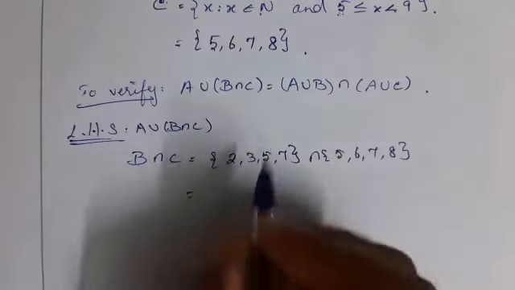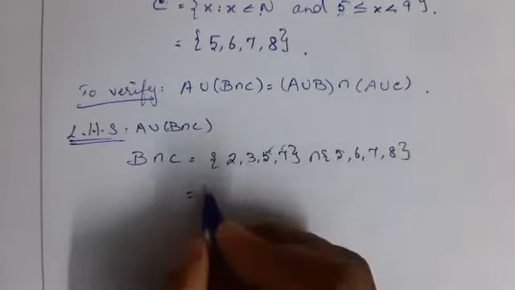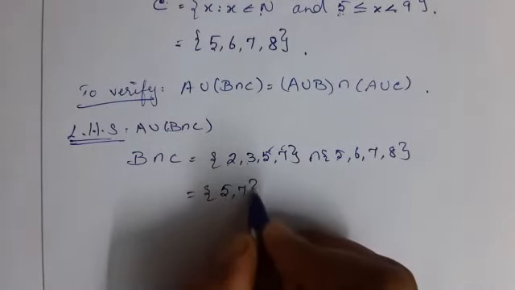Write the common elements. 2 is not present, 3 is not present, 5 and 7. Therefore, the elements are 5 and 7.